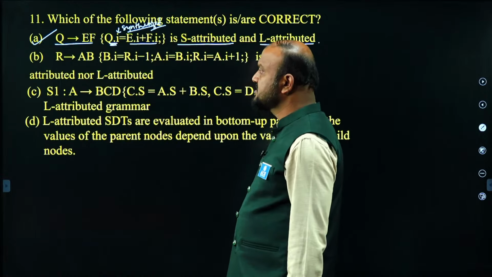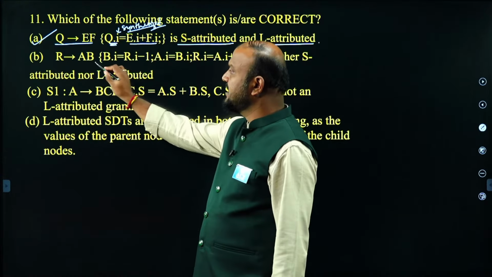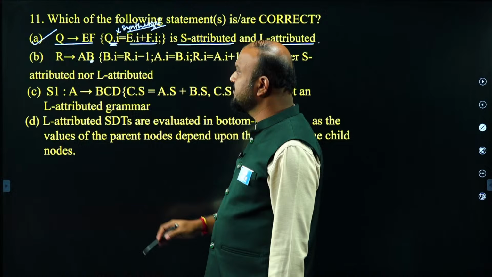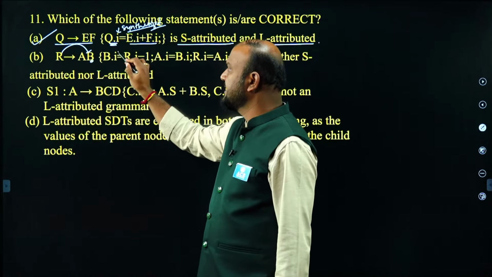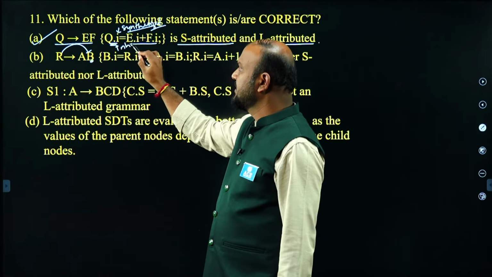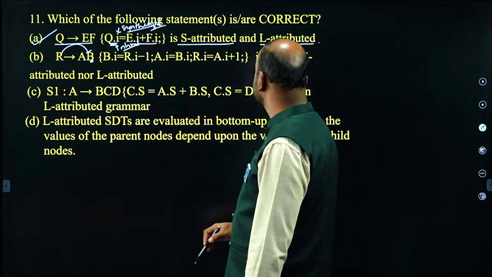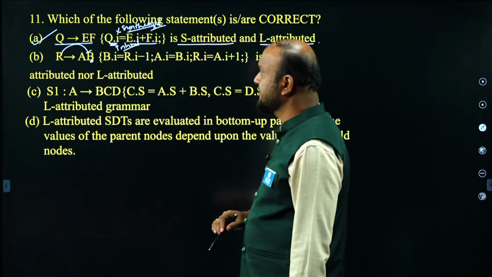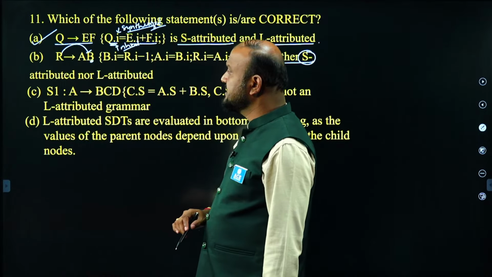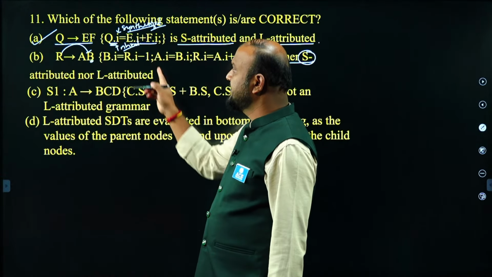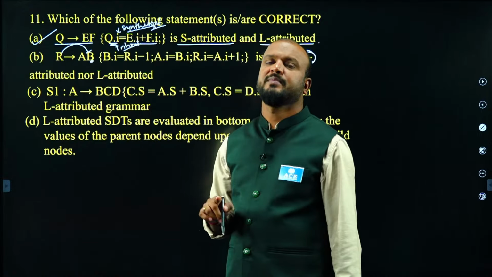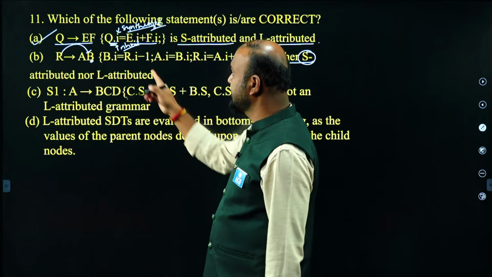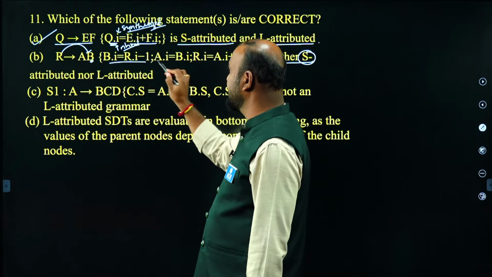And B: R derives AB, where B.i is getting its value from R.i, the parent. Fine, i is inherited. If it is inherited, it is not S. Is it L attributed? To be L attributed, it should be defined from the parent and/or left siblings, and here it is from the parent, so this rule is okay.